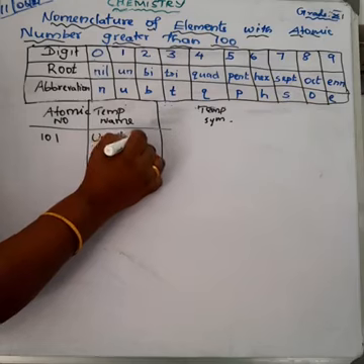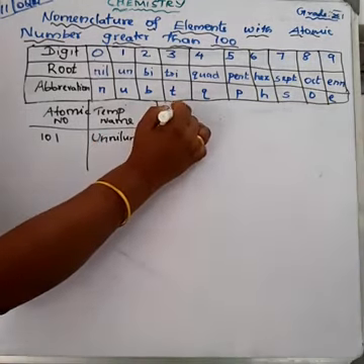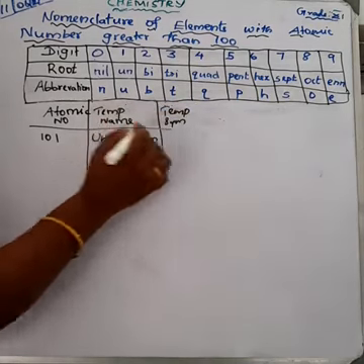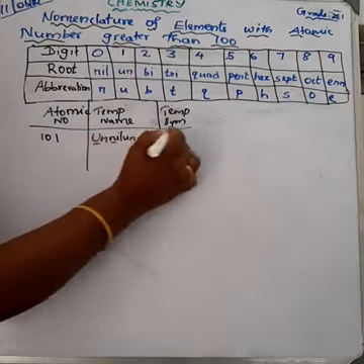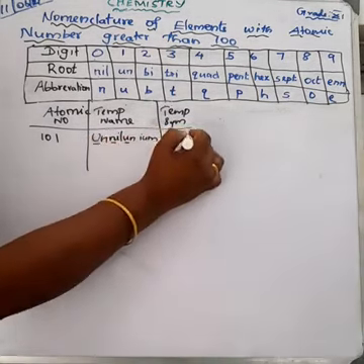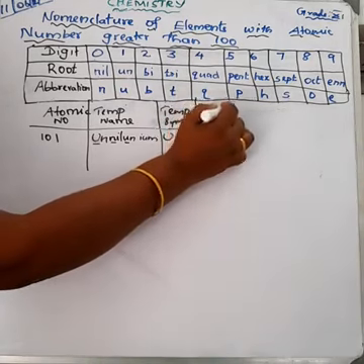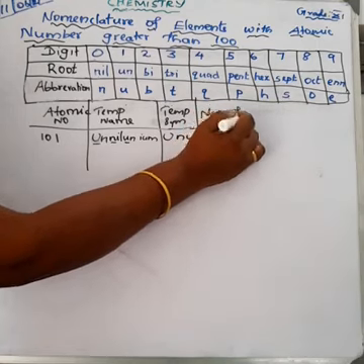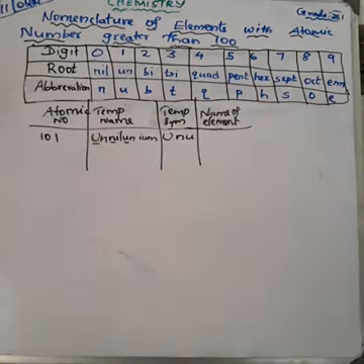Okay. After that, what is the symbol? Temporary symbol. We take the symbol from the first letter of the numerical roots. Okay. Here U, N and U. Okay. What is the name of this element, atomic number 101? For remembering Mendeleev, who is the father of the Mendeleev periodic table, you know.